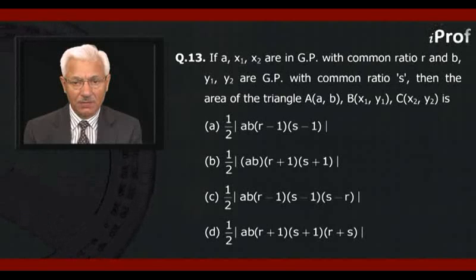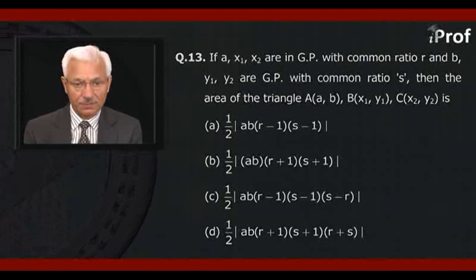Second option, half modulus of ab(R + 1)(S + 1). Third option is half modulus of ab(R - 1)(S - 1)(S - R). And the last option is half ab(R + 1)(S + 1)(R + S).